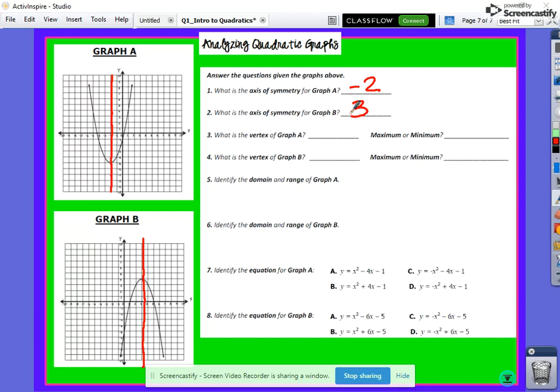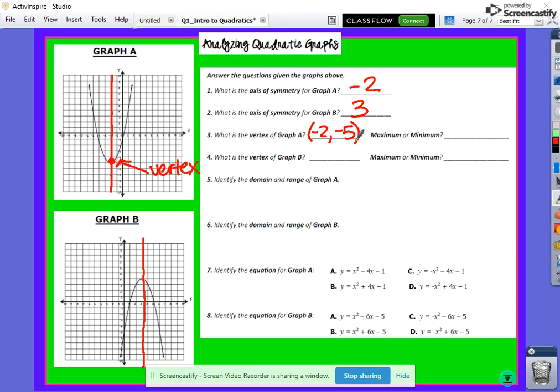Number 3, what is the vertex of graph A? Remember, the vertex is the turning point on the parabola. Since this parabola opens upward, this is a minimum value.